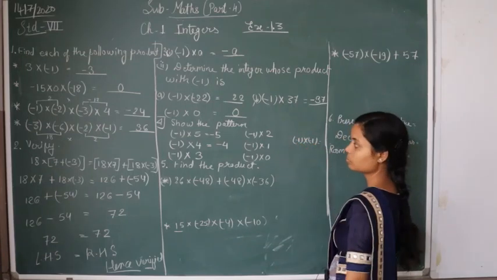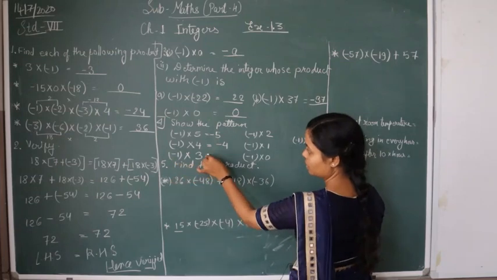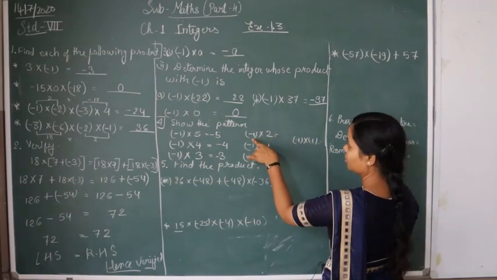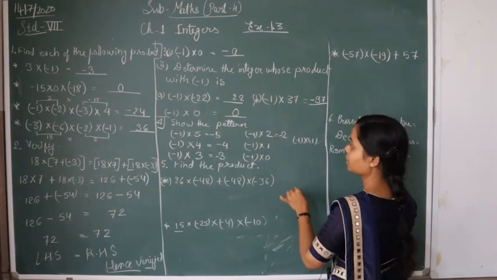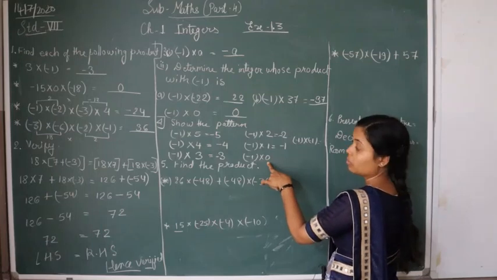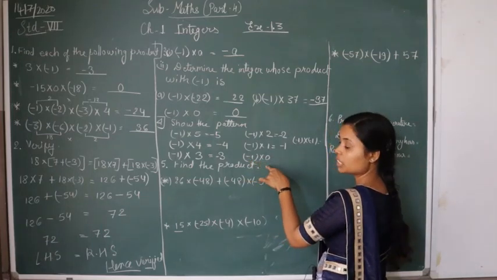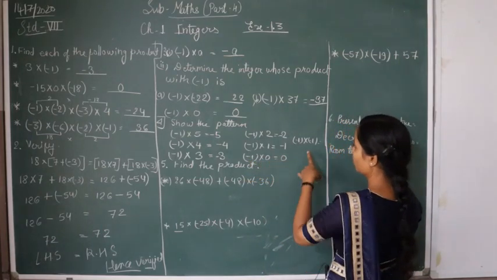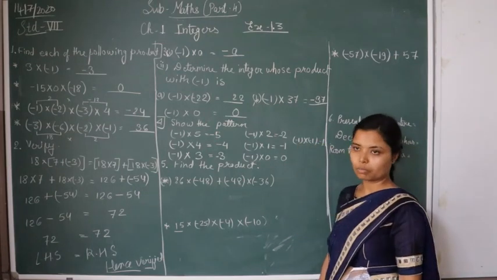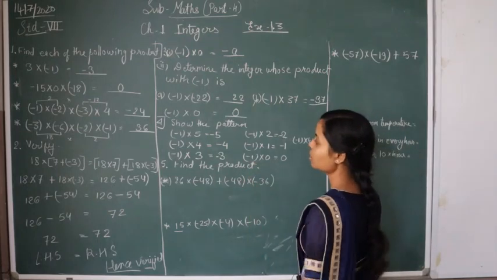Okay, so look at here. When minus 1 is multiplied by 3, we get minus 3. Then minus 1 multiplied by 2, we get a negative integer minus 2. Here minus 1. And when a number is multiplied by 0, we get 0. And minus 1 multiplied by minus 1, we get a positive number. Okay, so this is the pattern.